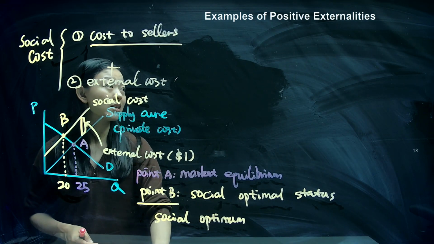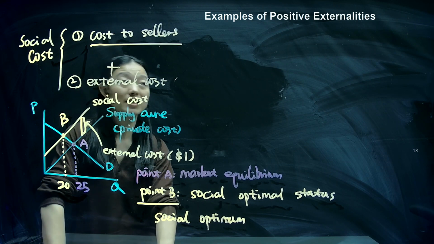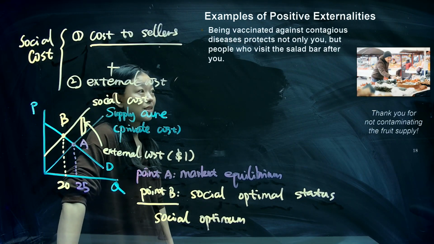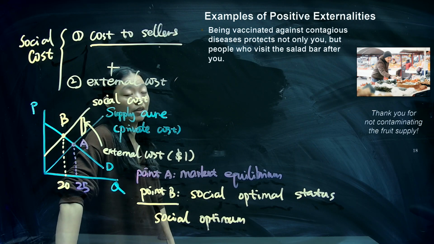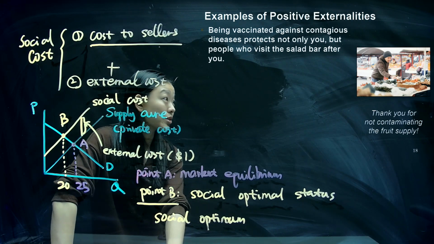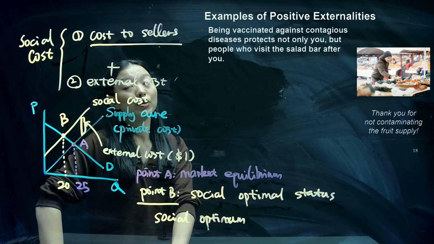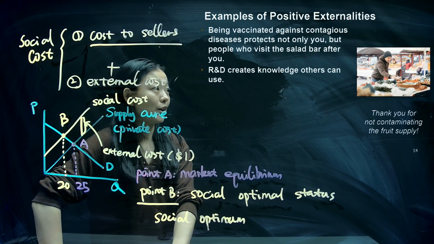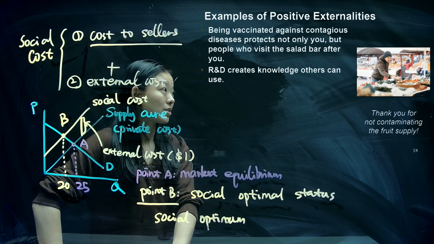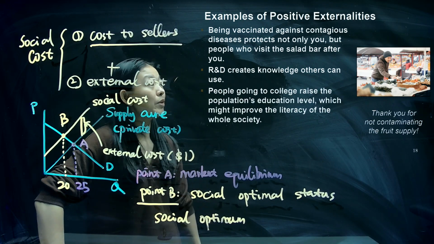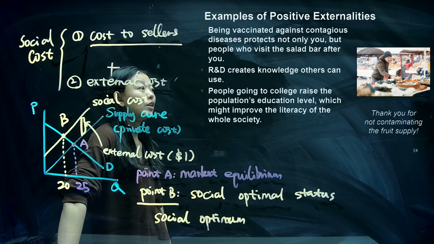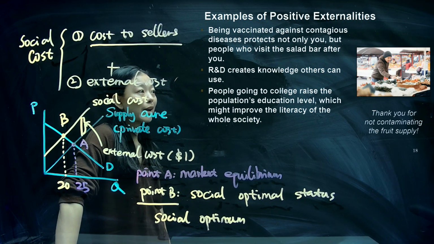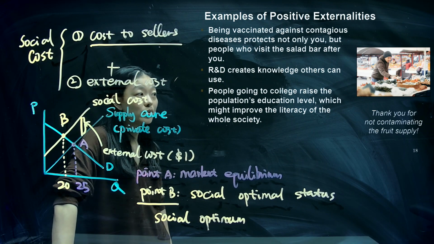How about positive externalities? Let's first look at some examples. Being vaccinated, like a flu shot, can create a positive externality. Research and development also creates knowledge that others can use. People going to college can increase the population's education level, which might improve the literacy of the whole society.